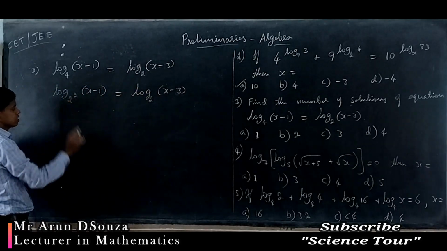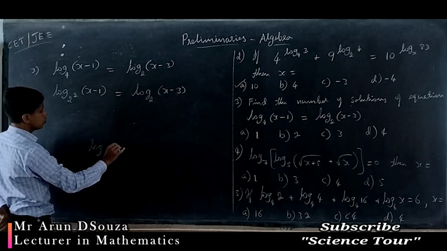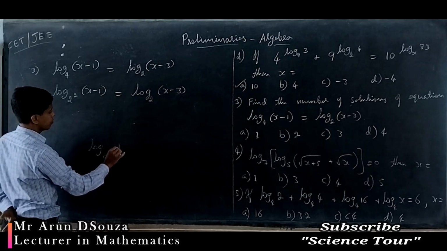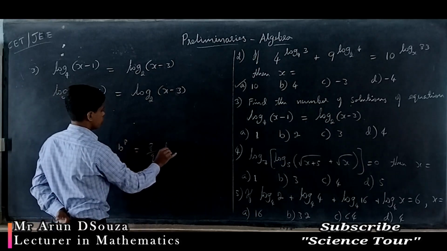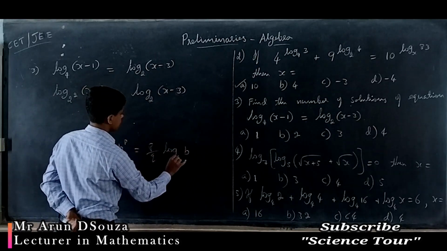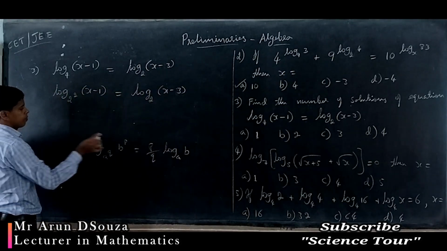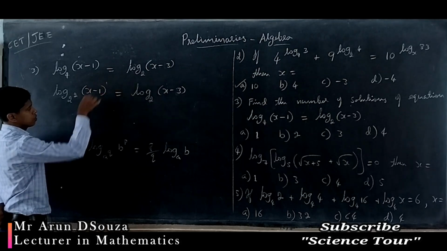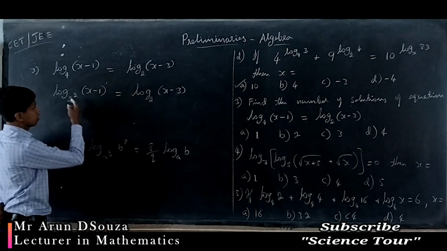Now this is of the form log of b to the power p, with base a to the power q, that is nothing but p by q log b to the base a. Now what do you have in place of p? 1. And what do you have in place of q? That is 2.